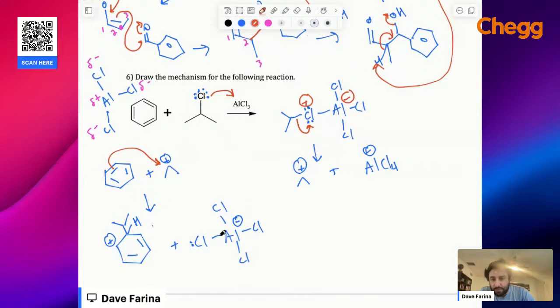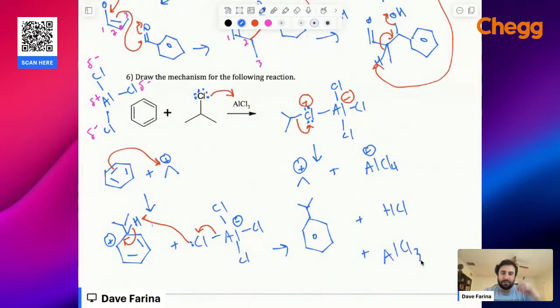What if the electrons in this bond leave with chlorine, and then this chlorine grabs that proton, and then boom. Okay, and so what do we end up with? We have our isopropyl benzene, we have HCl, and we have regenerated our aluminum trichloride catalyst, right?